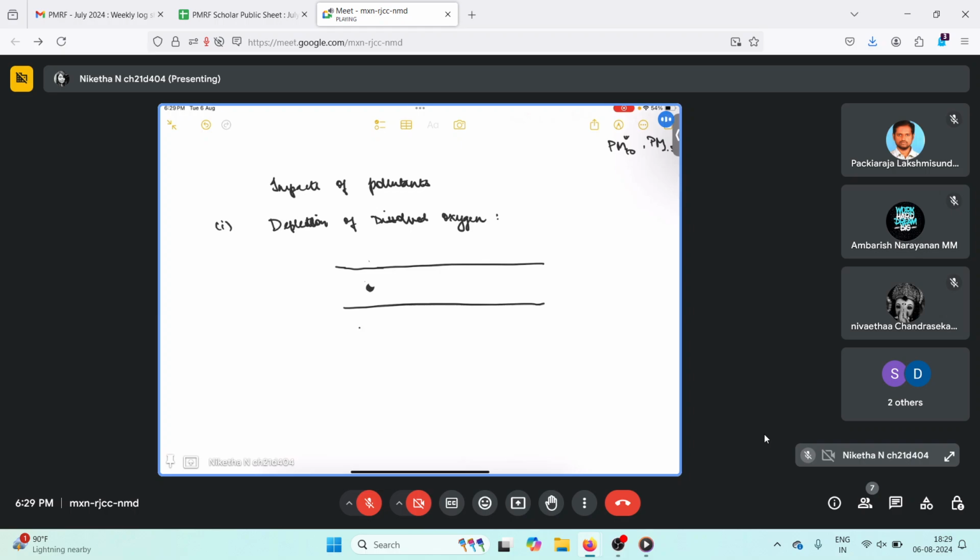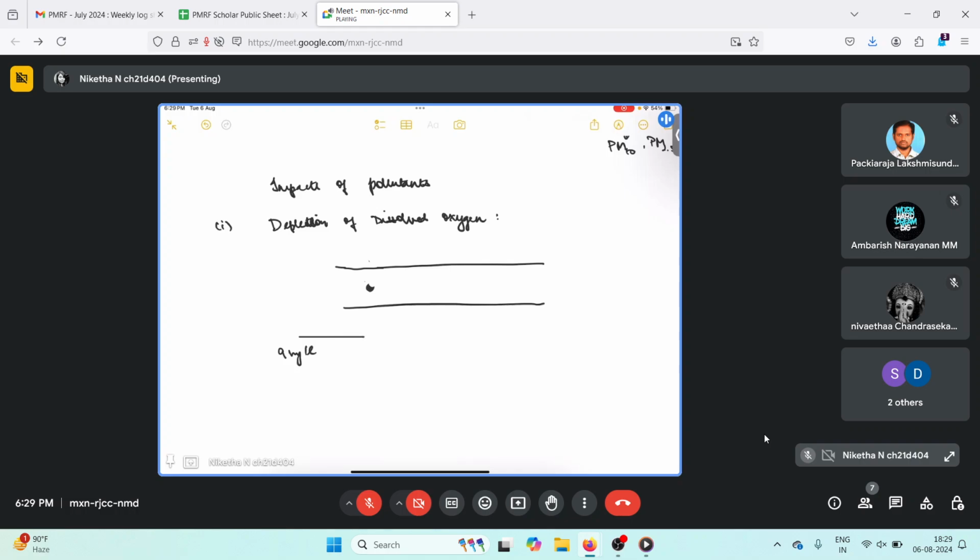Initially, the profile will look like this. When you have clean water till this point, the dissolved oxygen is going to be somewhat constant. Assuming it is equal to the saturation DO, the concentration of oxygen in water is around 9 milligrams per liter.